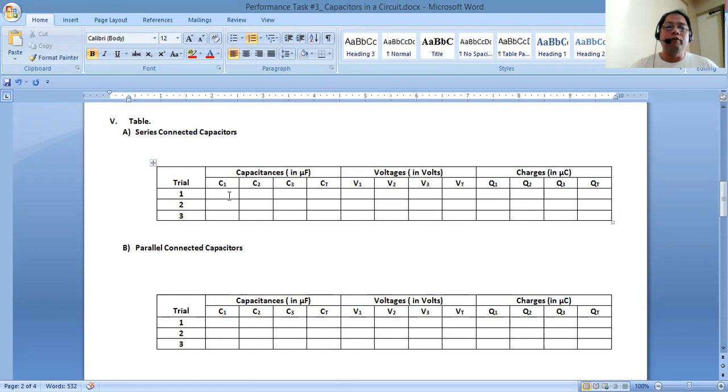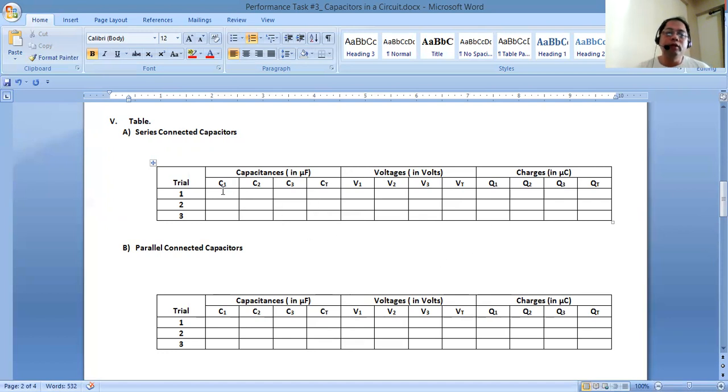What you will have here are your capacitances, with their corresponding voltages and charges, labeled as C1, that is capacitance 1 in farad, then C2. For capacitance 1, it will have a corresponding voltage V sub 1, and a corresponding charge Q sub 1.